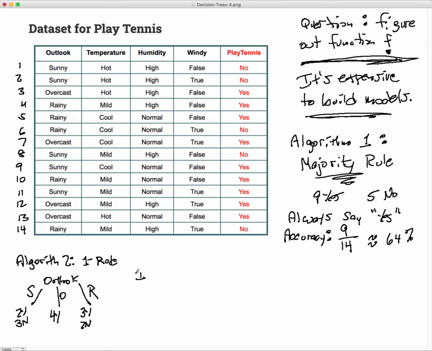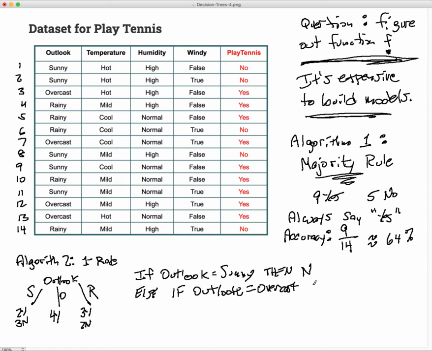And from this, I make the following rule. Pardon my penmanship here, if Outlook equals sunny, I'm going to pick the majority of this, and I'm going to say then no. Else, if Outlook equals overcast, then yes.